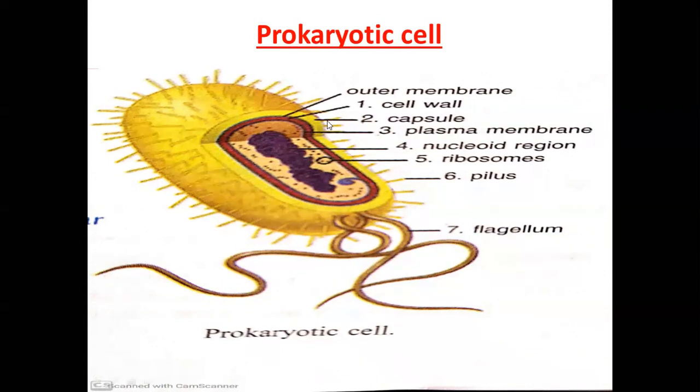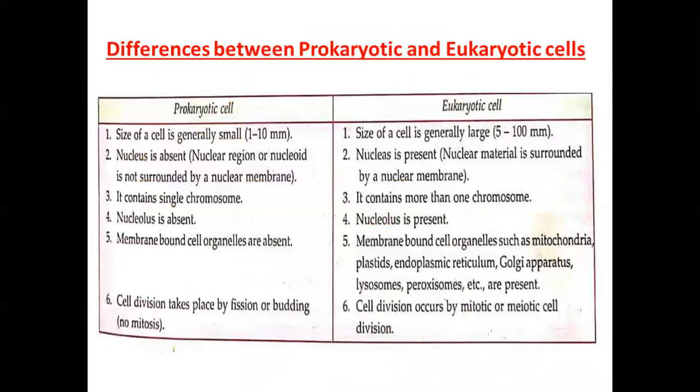It consists of cell wall, outer membrane, plasma membrane, capsule, nucleoid region because of the presence of genetic material freely in the cytoplasm, ribosome and pilus plus flagella. So that is the structure of a prokaryotic cell. A typical prokaryotic cell is a bacterium, and all the blue-green algae come under these prokaryotes.